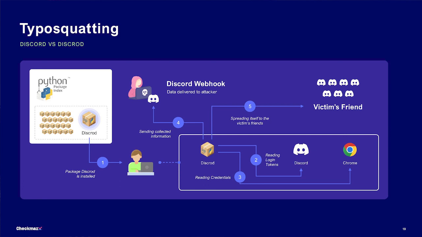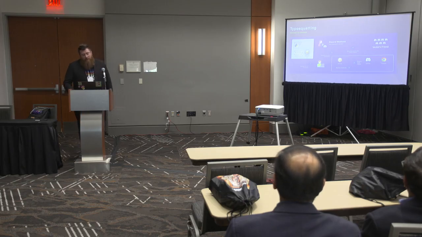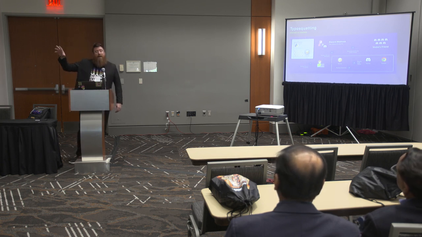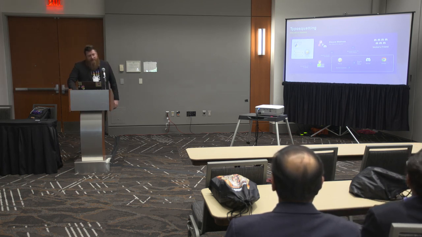So not only was it stealing credentials, it took the Discord token, and if you have the token of Discord, you're able to log in and basically be that user. But it also tried to steal the Chrome passwords and then the master Chrome encryption key from that. The worm part is that it would send itself out to all of that person's friends on Discord as well. So you can see how that is a bit unpleasant.